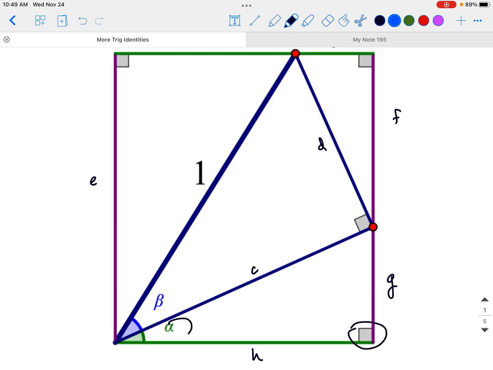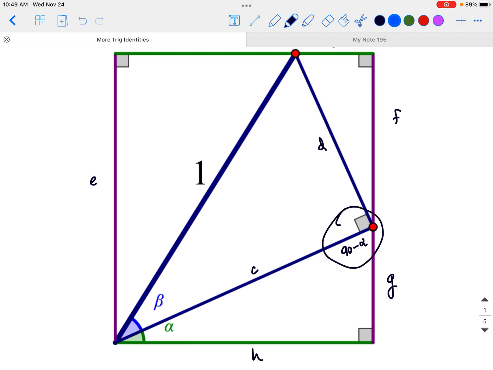So what we'll notice down here is we've got 90 and alpha. So this expression here can be written as 90 minus alpha, because we know that those two angles have to add to 90. So alpha and whatever 90 minus alpha is has to add to 90 by the Triangle Sum Theorem. And then we're going to do the same thing going through here, figuring out all these different expressions.